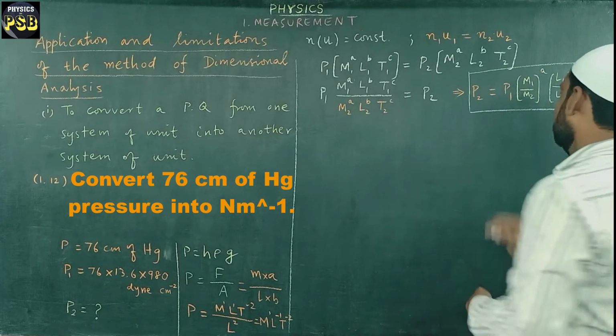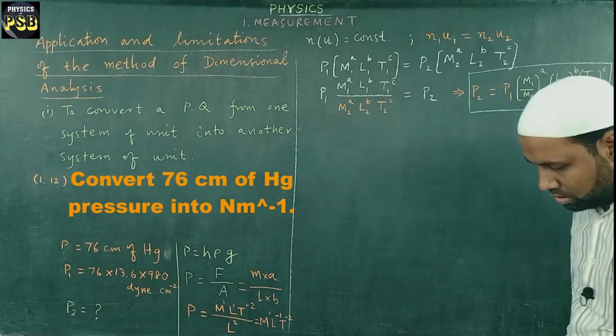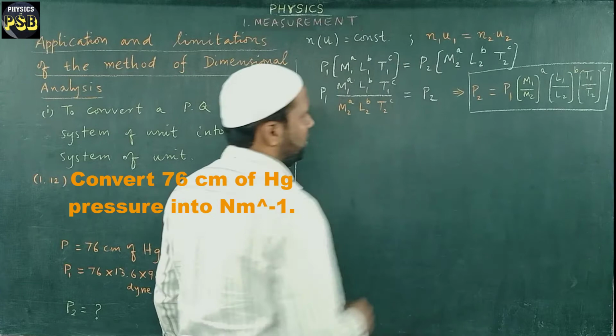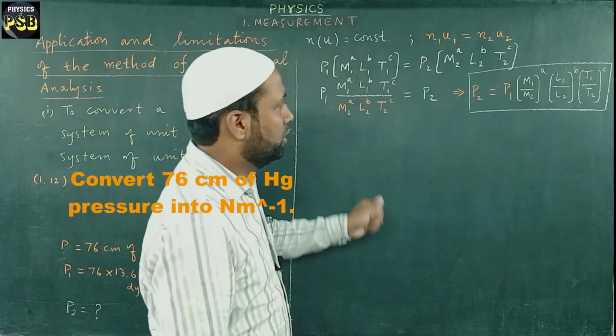Now, whatever things you find here, M1, M2, L1, L2, T1, T2, all of them have got two values.